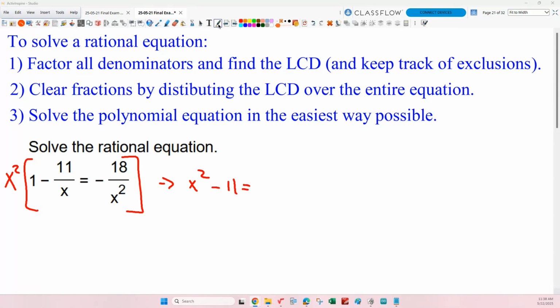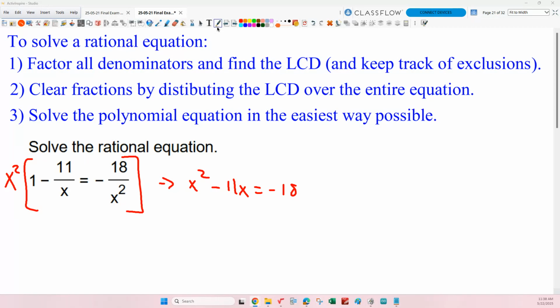And then equals what? Yes, negative 18. Those x squareds just cancel. Does that have an x? Yeah. Okay. 11x equals negative 18. Okay, how would I solve that?